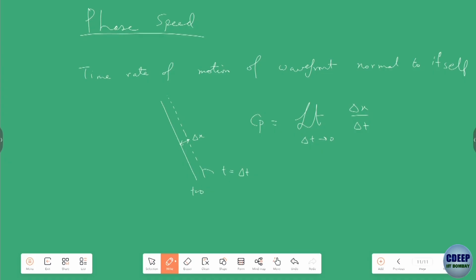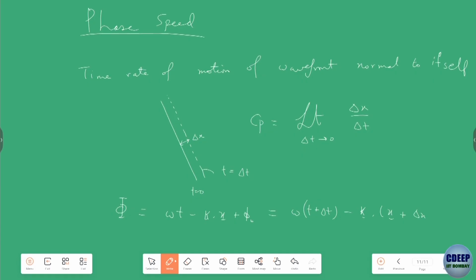Same phase. That's the idea. Phase is same. What else can it be for a plane wave? Everything is so simple. So you just have to equate. So there is phi, which is omega t minus kappa dot x plus phi naught, and I want to evaluate omega (t plus delta t) minus kappa dot (x plus delta x).